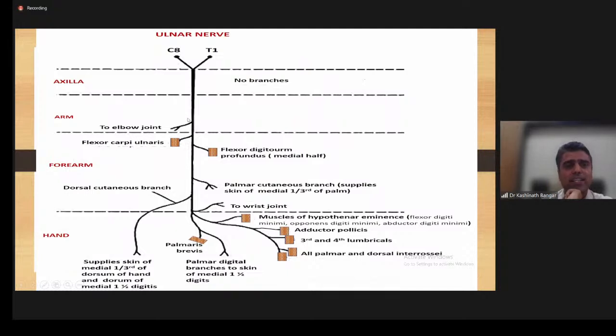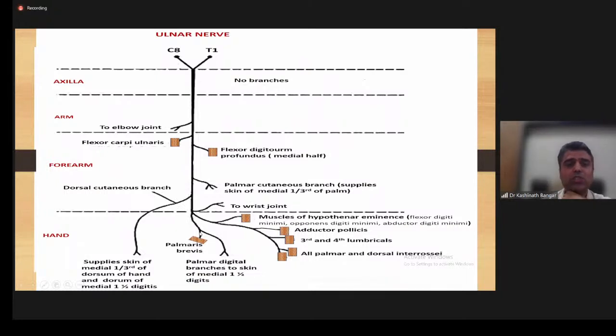While entering from arm to forearm, it goes through a tunnel, and that's called the cubital tunnel. We'll see what it is. Now, when entering the wrist and hand, it goes through the Guyon's canal. And this is an important thing: the dorsal cutaneous branch is given just before entering the Guyon's canal.